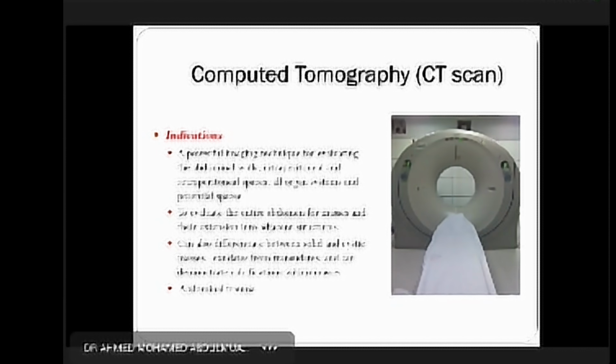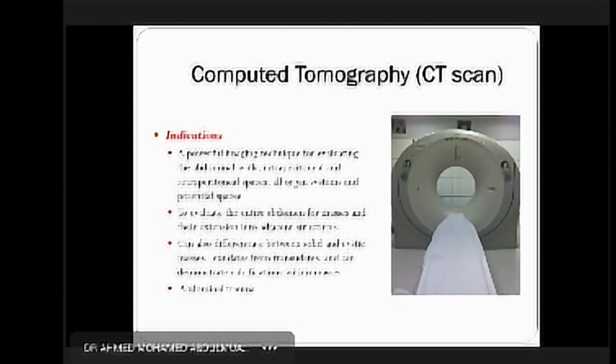So whenever you are suspecting tumors, please write whatever you suspect and why you are suspecting, if there are any other indicators, or if any examination or blood analysis has been done, or this is a known case of this tumor. So you write it in your request, so they will do the specific protocol so that you can have a good evaluation for that patient. Otherwise, they will do CT abdomen, which is only done in the portal phase, and sometimes small tumors can be missed in these organs. So that's why you have to be specific in your request.